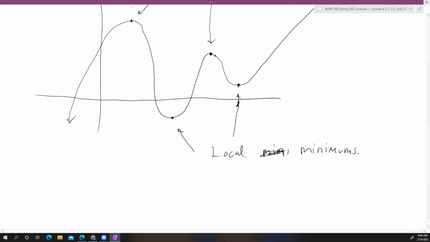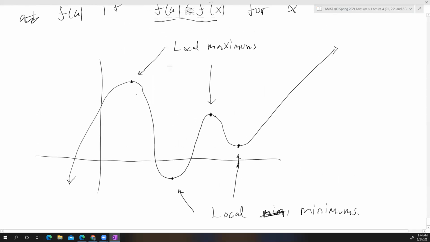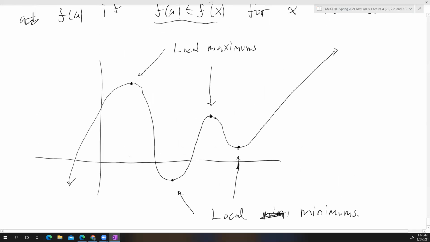And so the idea is that this point right here, for example, let's say this is A, B, C, and then D. So this is f of A, this is f of B, this is f of C, this is f of D, this height right here.